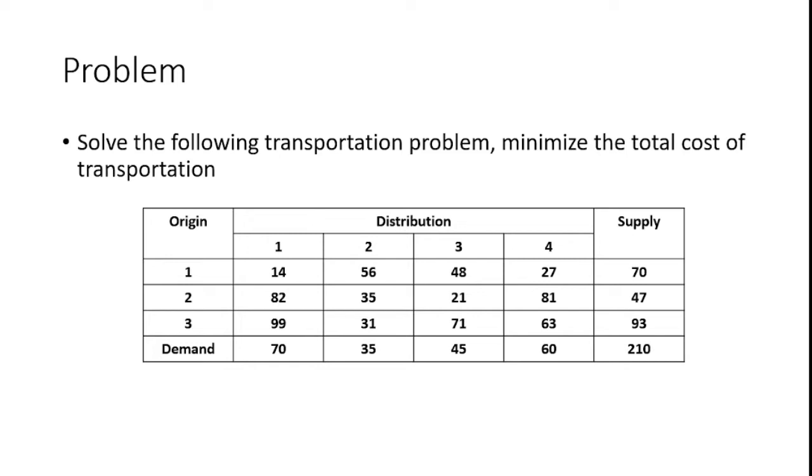The demands for distribution 1 is 70, 2 is 35, 3 is 45 and 4 is 60. And supply for the first origin is 70, the second origin is 47 and the third origin is 93. These are all the information available with the problem. How can we solve this with the Northwest corner rule method?